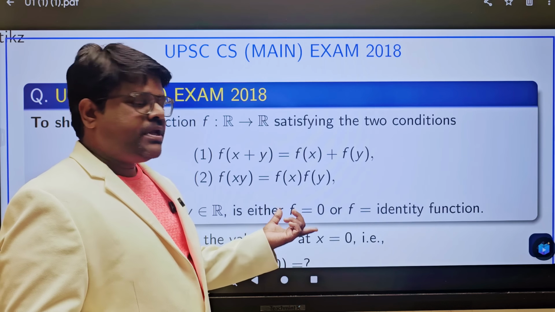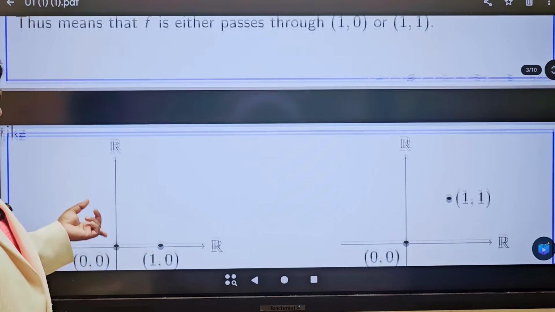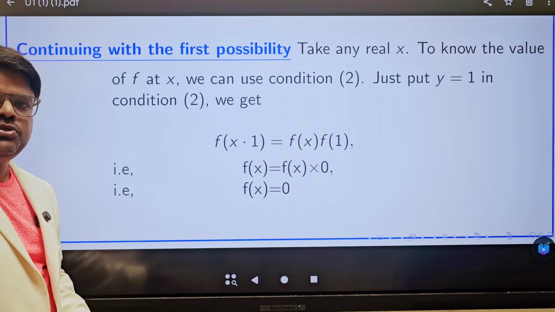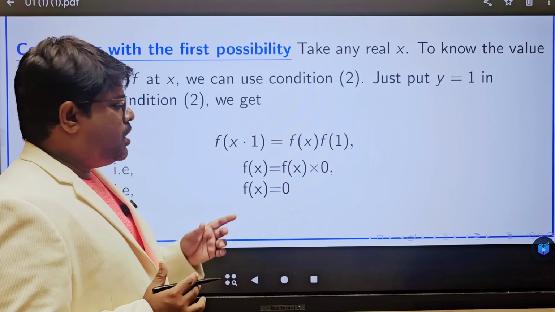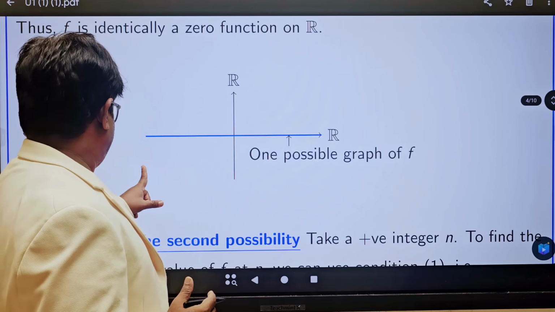But now we have proved that f of x equals 0 using condition 2. Now maximum 50% of the problem is over. Now we proceed with possibility 2.